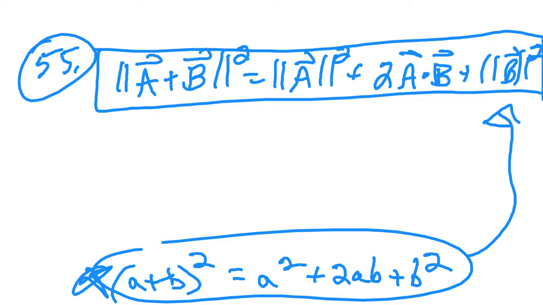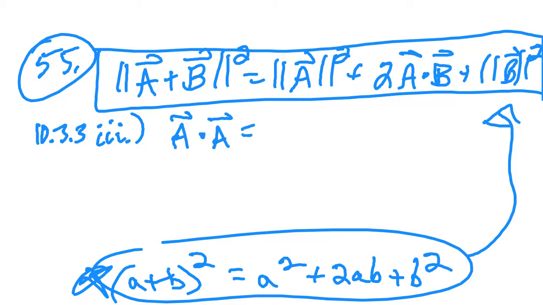How are we going to do that? Well, it gives us a hint on this one, and that's to use theorem 10.3.3, bullet point number 3, which basically says what? It says that a vector dot a vector is the norm of a vector quantity squared, right? And by the way, what's the proof of this? What's the norm of a vector?